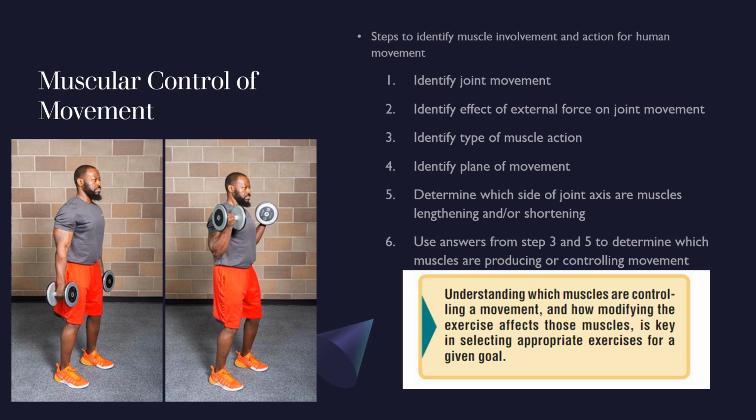Is it isometric, eccentric, whatever it is. Identify the plane of movement. So is it in the frontal plane, the sagittal plane, or transverse? Determine which side of the joint axis the muscles are lengthening or shortening. And use answers from steps 3 and 5 to determine which muscles are producing or controlling the movement.